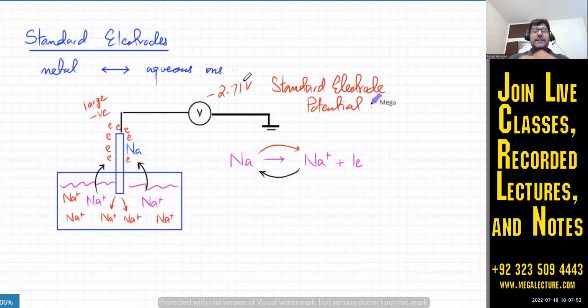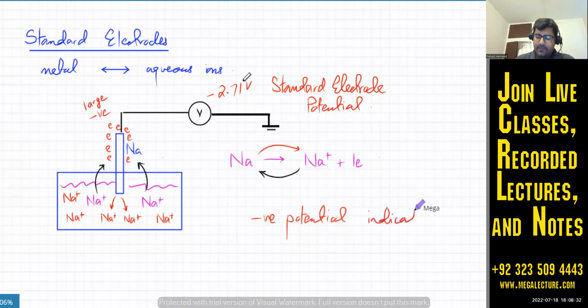And this potential gives us some idea of what sodium likes to do. If it's a negative potential, then that indicates that whatever this substance was, it really liked losing electrons. It lost so many electrons that there was a lot of negative charge on this metallic rod. So that potential helps us figure out what the substance likes to do. I'm going to write over here that a negative potential indicates that sodium likes to lose electrons.